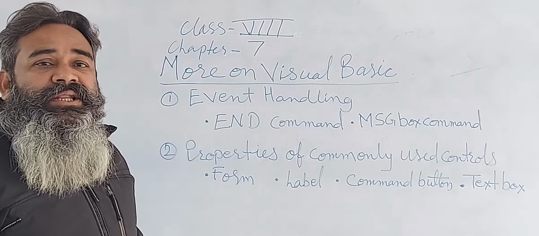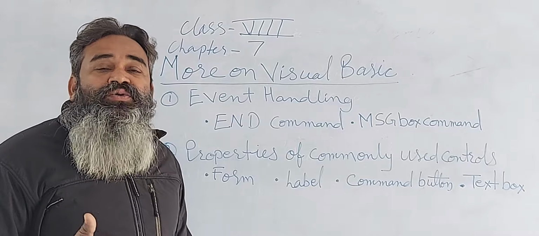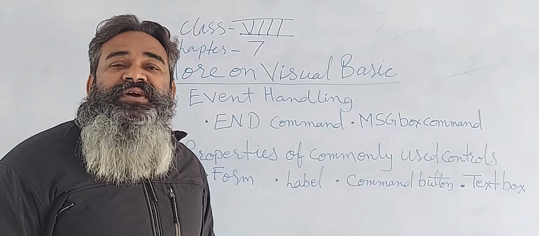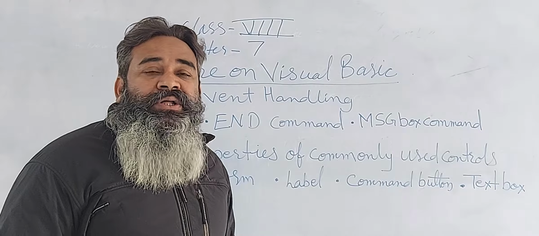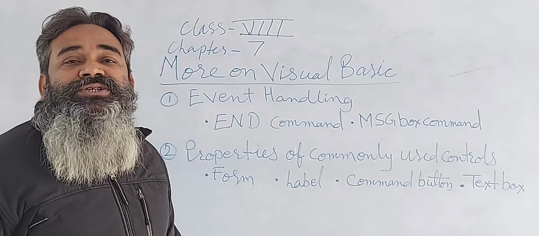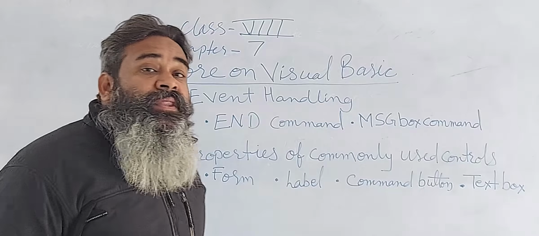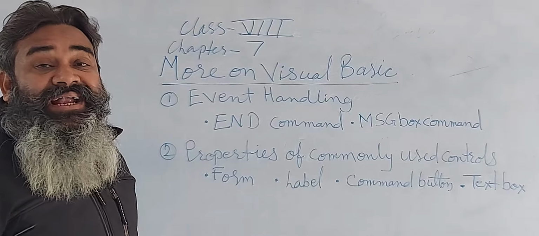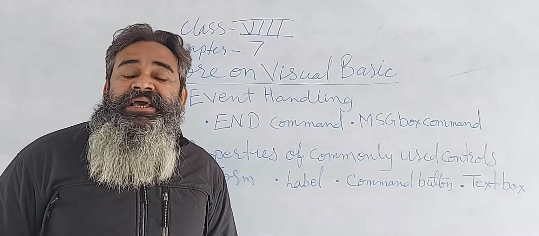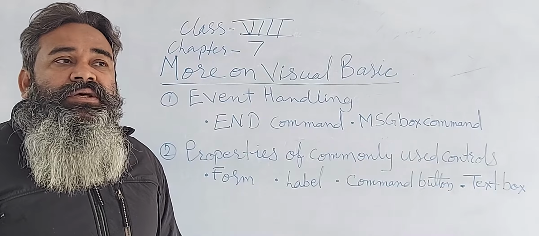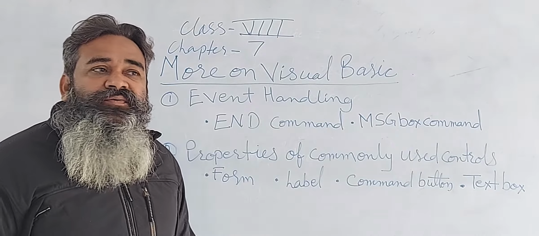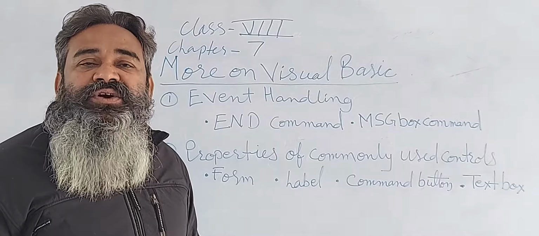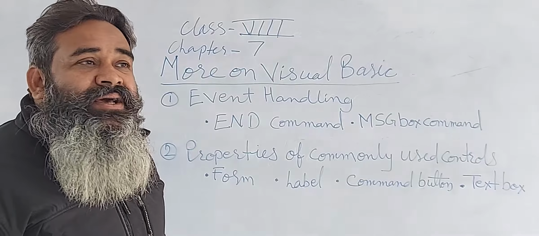In this chapter, we will explain how all the toolbox buttons and toolbars that we learned about in the previous chapter can be executed or worked with. First of all, we are going to talk about event handling. Event handling means the kind of events we see in our daily computer work.